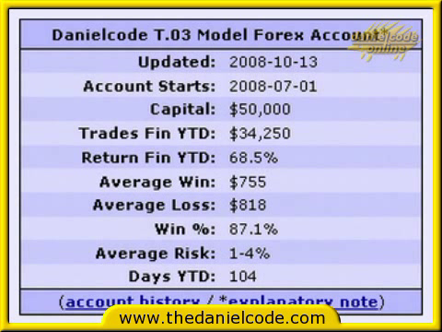It's been running since the 1st of July, and in there we've posted every signal that the Danielcode T.03 model has given in Forex since that date, and you'll see that in the 104 days from the 1st of July until the 13th of October, that account has made a 68.5% return, and it has an 87.1% strike rate.